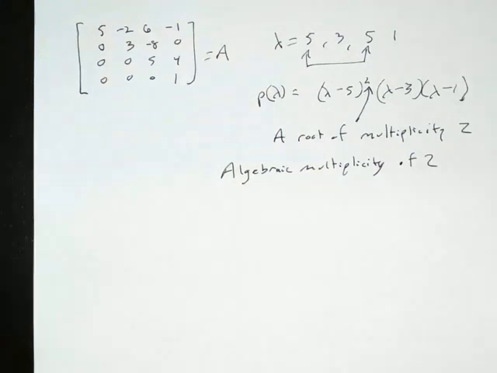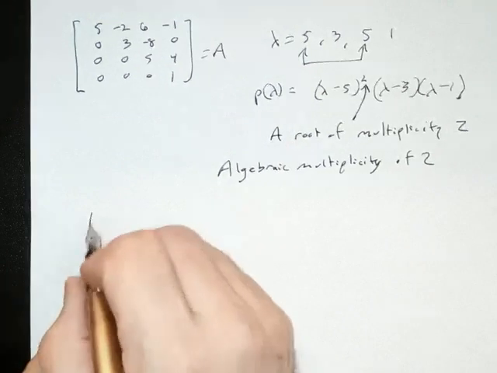But if there's an algebraic multiplicity, then there must be some other adjective multiplicity. I wouldn't specify it if I didn't have a reason to. So in addition to an algebraic multiplicity, we also have a geometric multiplicity.